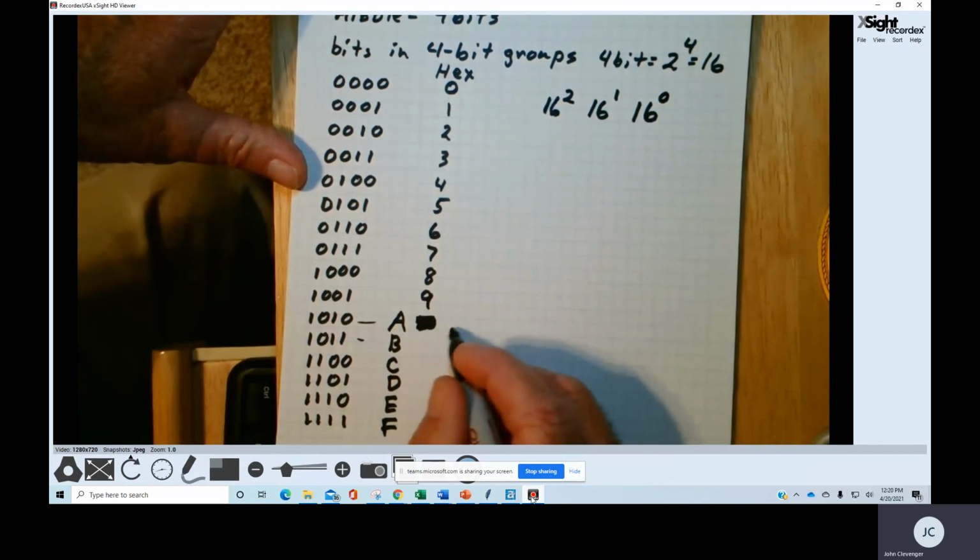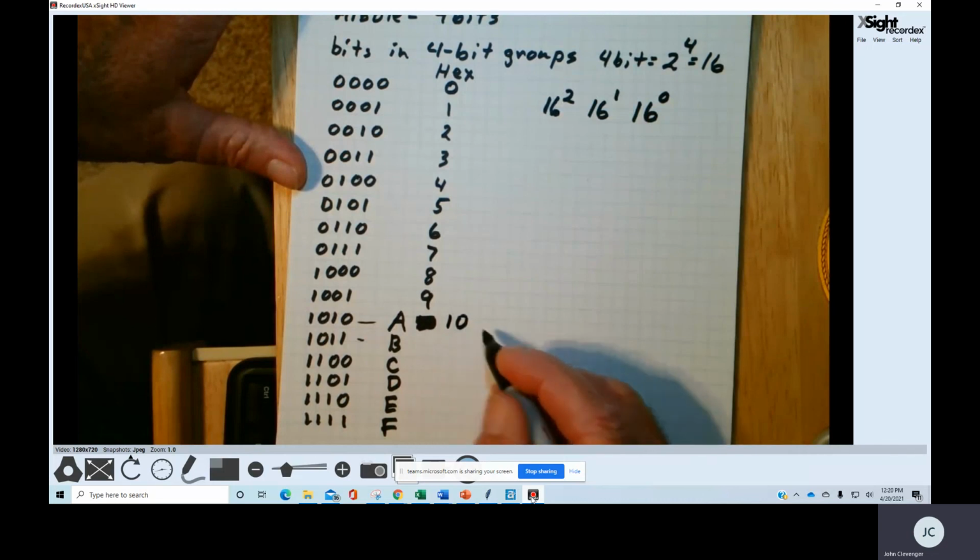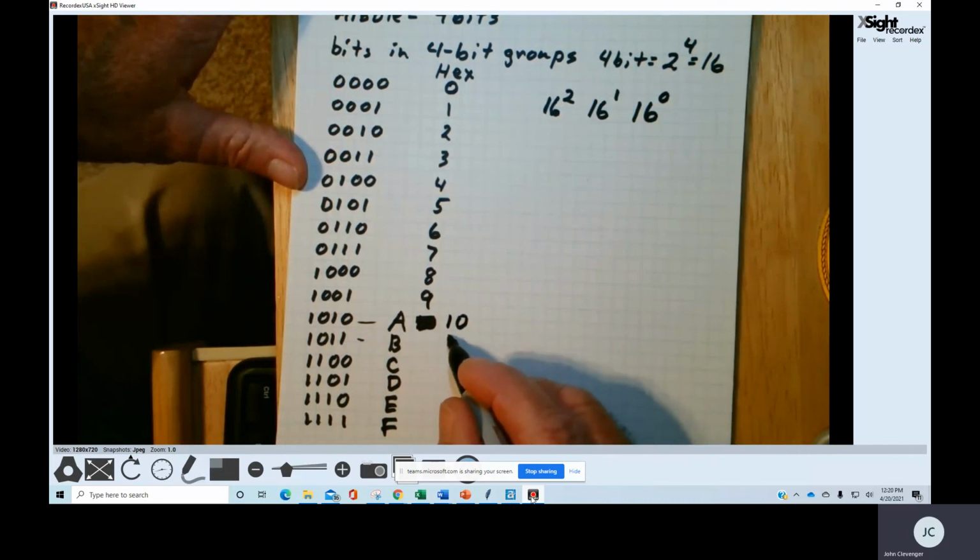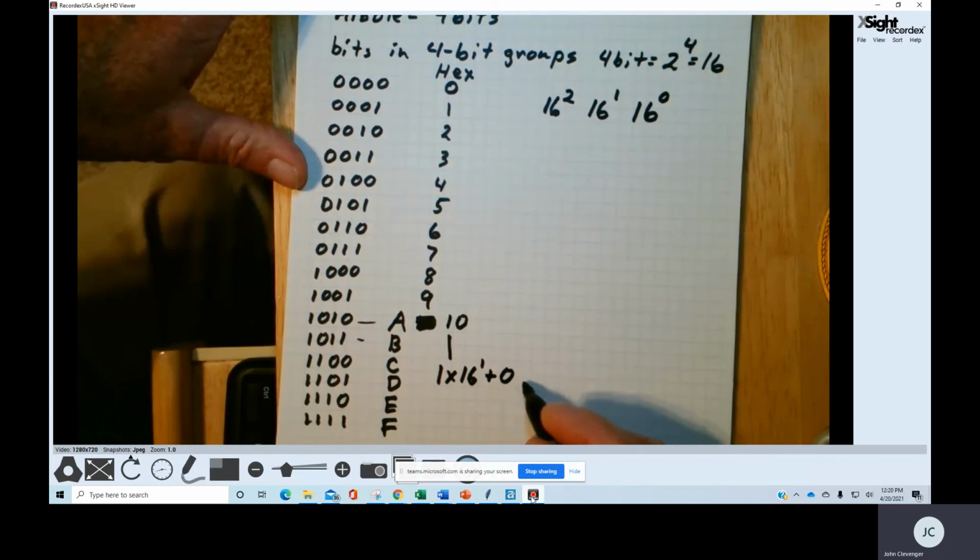So this is why I could not represent this quantity with a 1 0, because this 1 0 would represent 1 times 16 to the first power plus 0 times 16 to the 0 power, which would equal, in decimal, a value of 16.